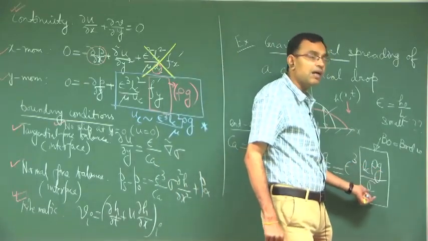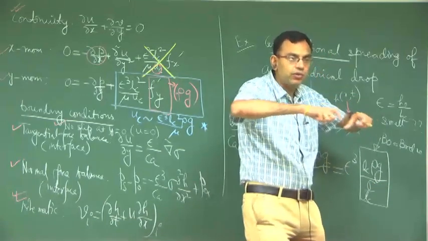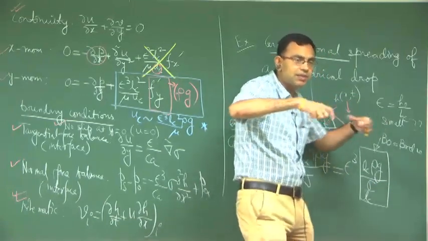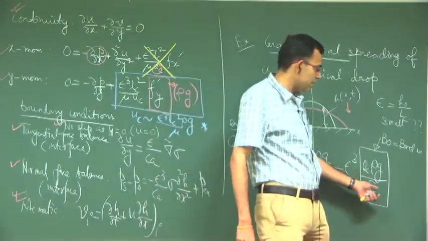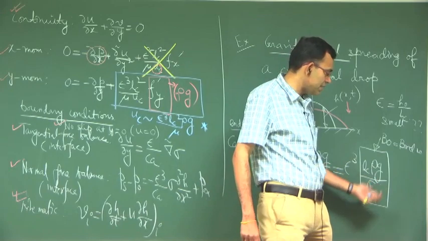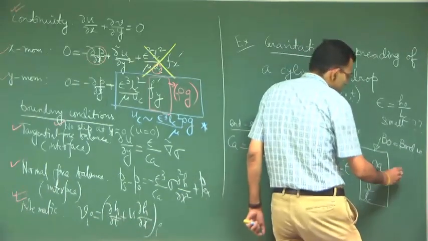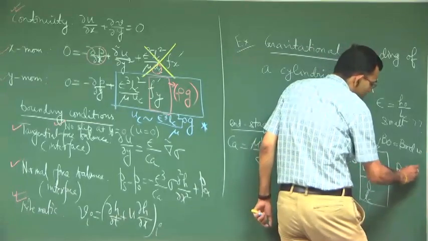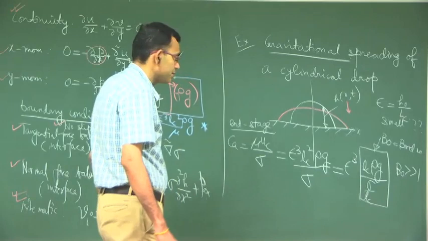Gravity is important, curvature effect is equally important. The droplet eventually flattens down and the curvature effect becomes less and less. So, towards the end you will find that this effect is much less as compared to this, and that means the physics of the problem, the regime where we are working on is bond number much greater than 1.